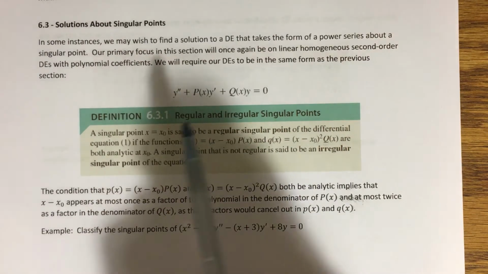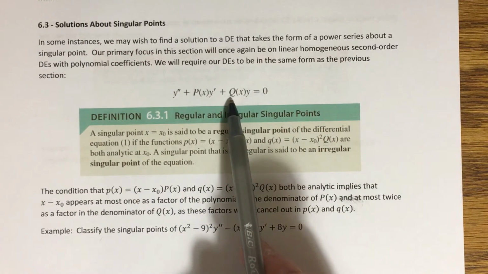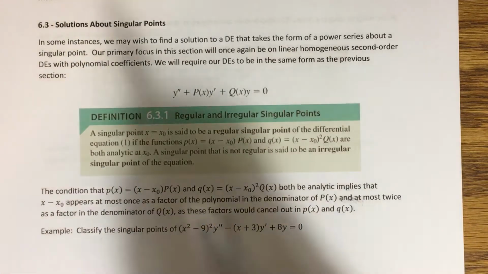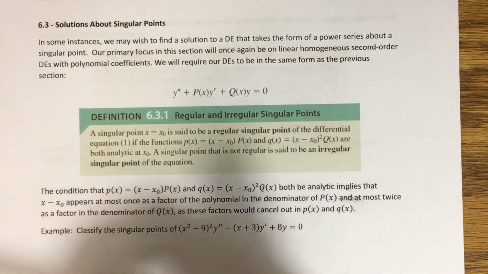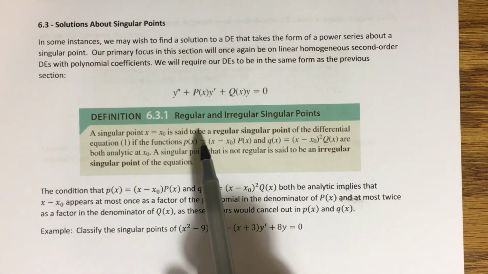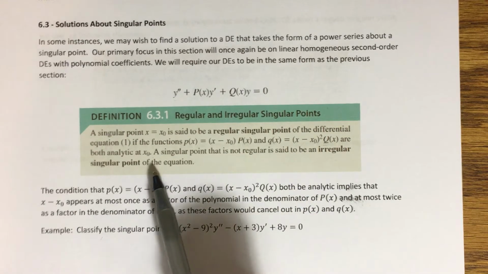So basically multiplying p of x by x minus x naught and q of x by x minus x naught squared, if those two products produce analytic functions, then we refer to the singular point x naught as a regular singular point. Okay, and if this doesn't happen after doing these multiplications, then we say that it's an irregular singular point.